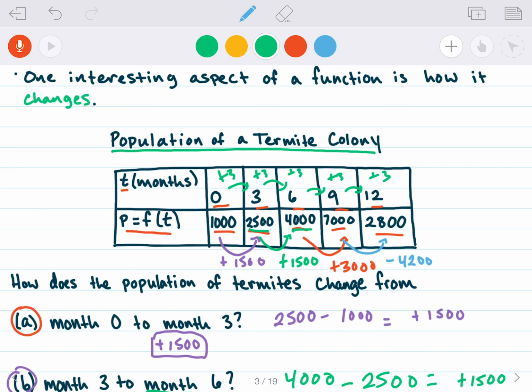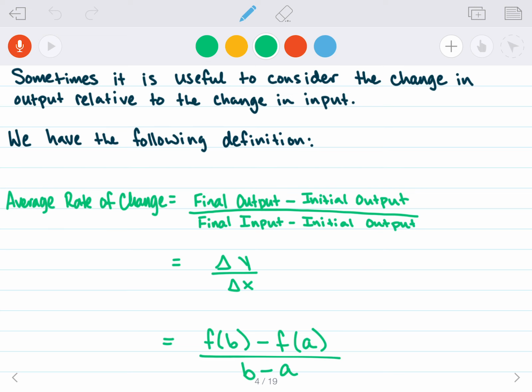And to handle that, we have to use a formula. This formula that we're using is going to tell us the change per unit of time, per 1 unit of time, okay? It's going to make more sense as we go on, but that's what we're going to be doing.